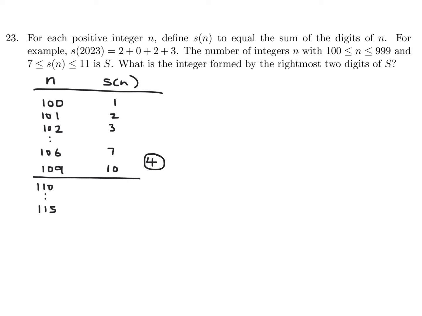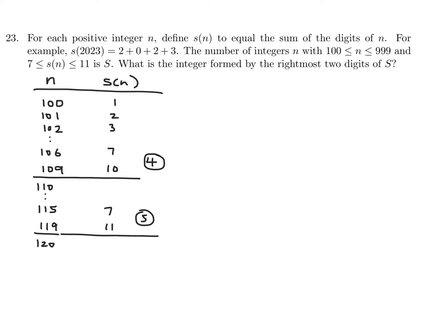I'm just going to go to 115, which is 7, and all the way to 119, which is 11. So this is going to give me 5 n's for which s at n is between 7 and 11 inclusive. Okay, so a long way to go, but hopefully there'll be a pattern here.